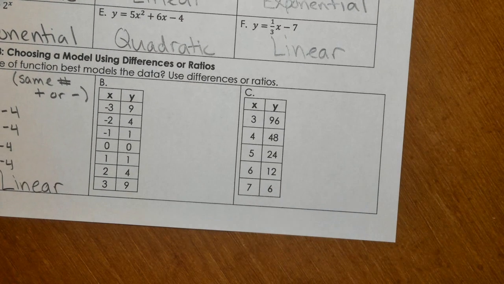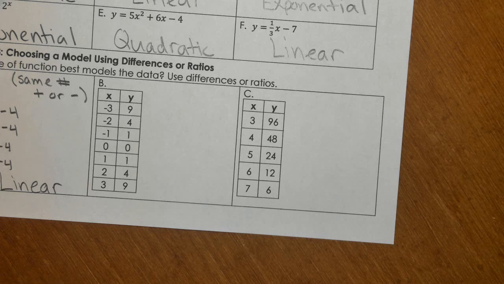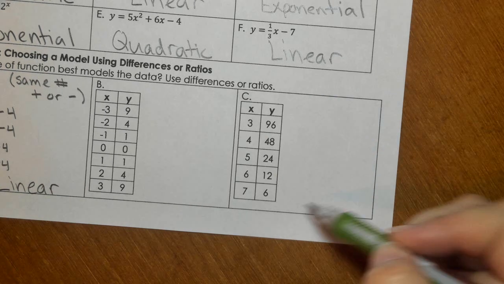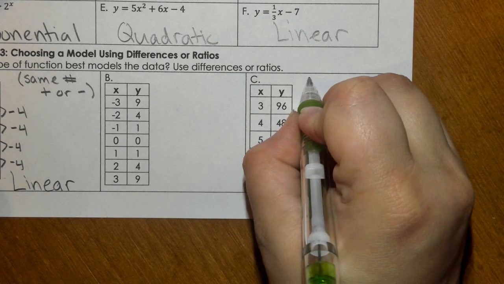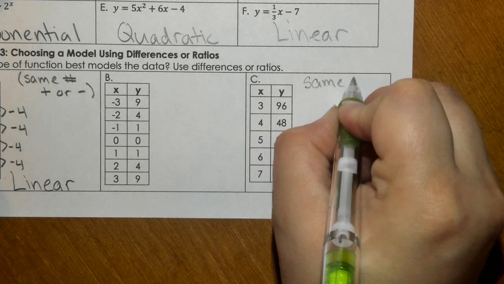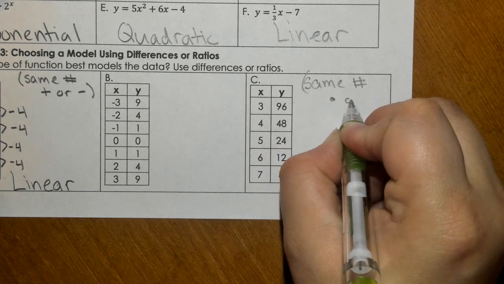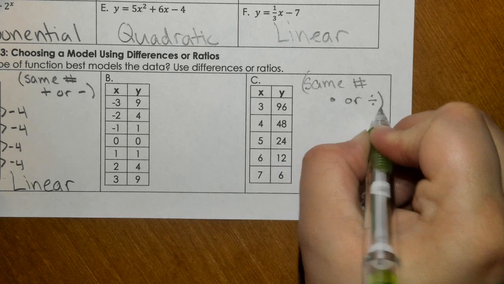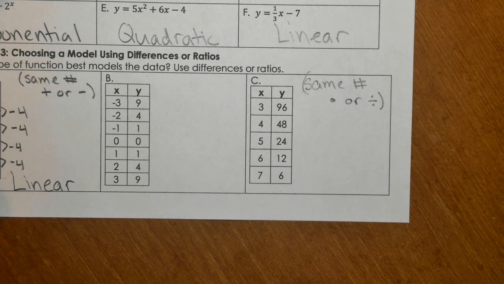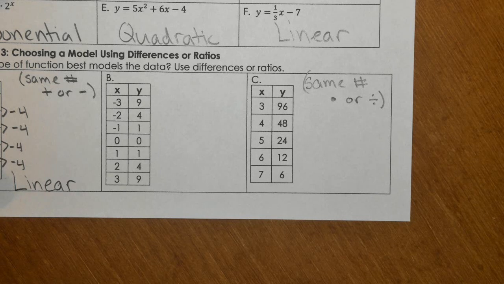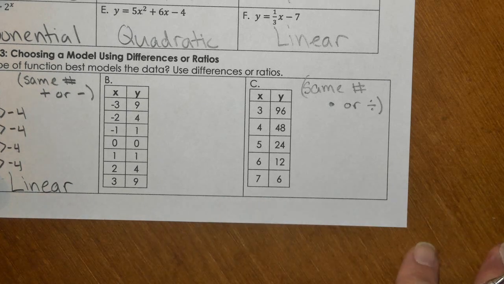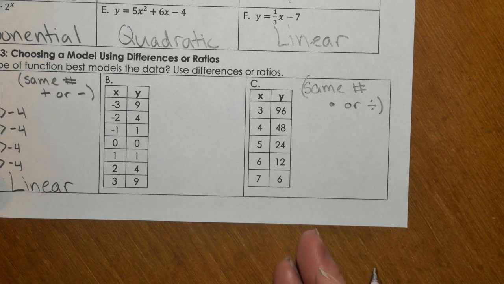So for the next one I'm going to talk about is exponential. So exponential, this is letter C again. If you have the same number being multiplied or divided, something is exponential. Not sure if you have watched the news, but this is a great example with what's going on in the world right now with the COVID-19.